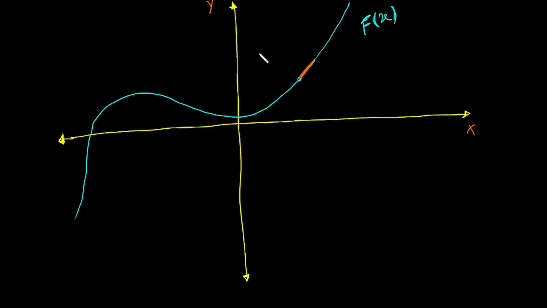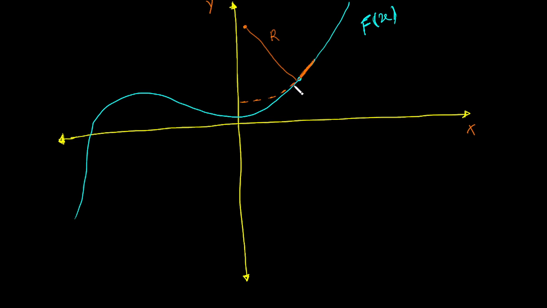Suppose a circle has a center at this point and a radius from this point to this point. Let's call it capital R. Now if I draw the circle with this point as the center and this R as the radius, I simply get a circle like this.